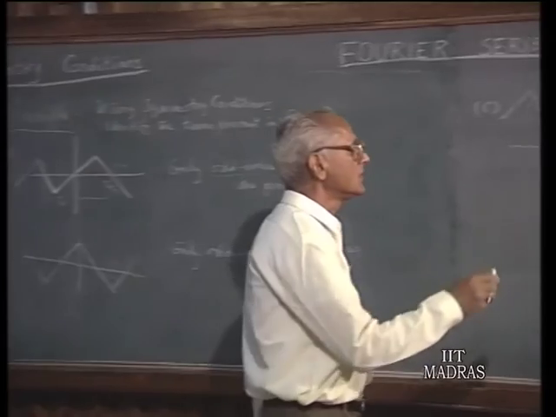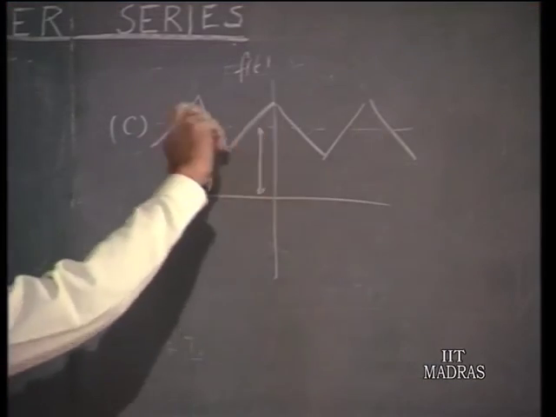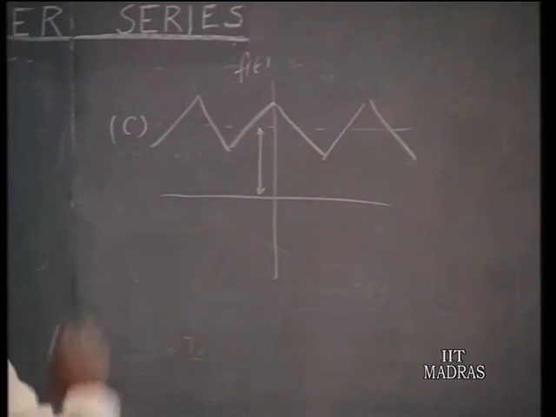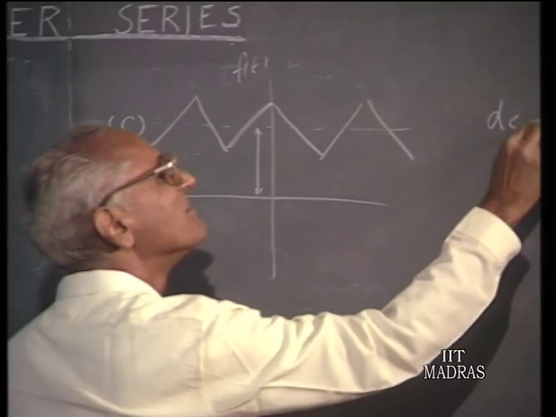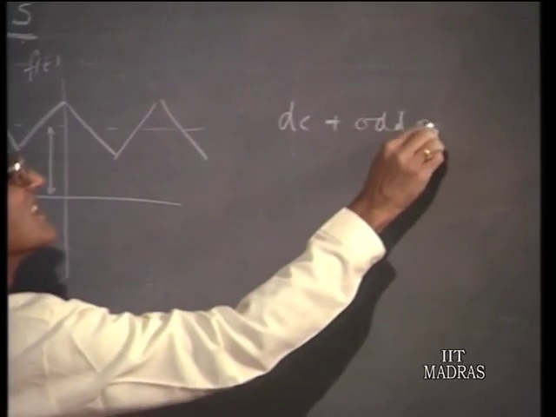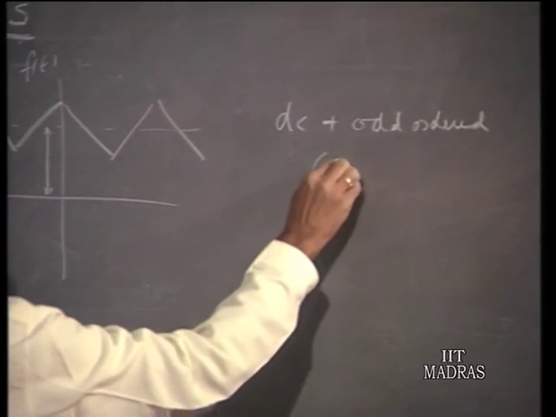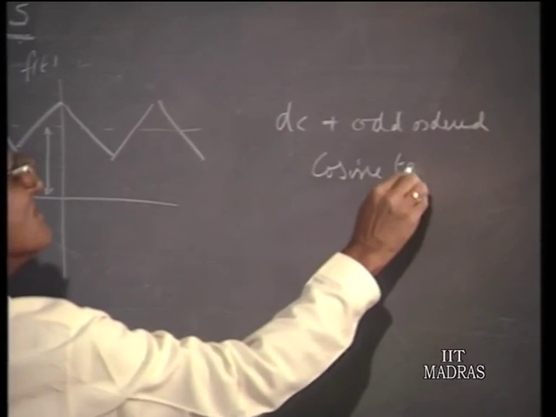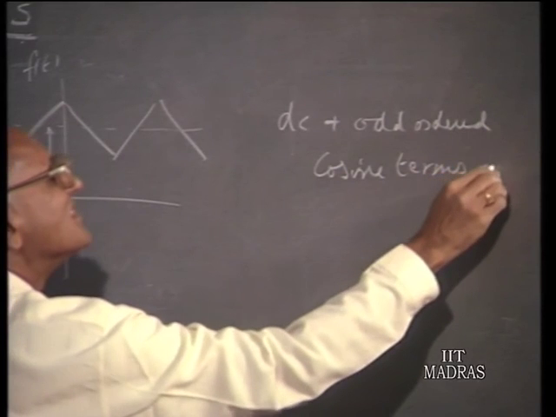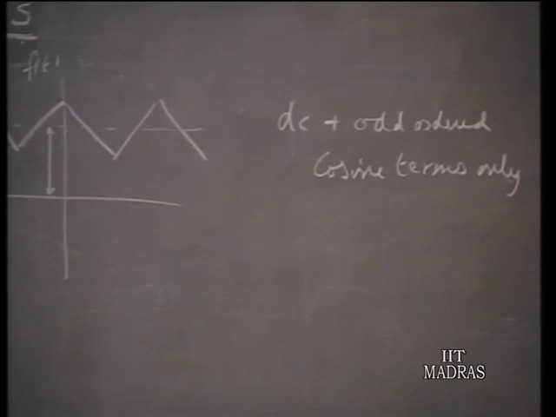Because if you subtract this value from this, then the resulting waveform will be exactly this. Therefore, we have DC plus odd ordered cosine terms only present.